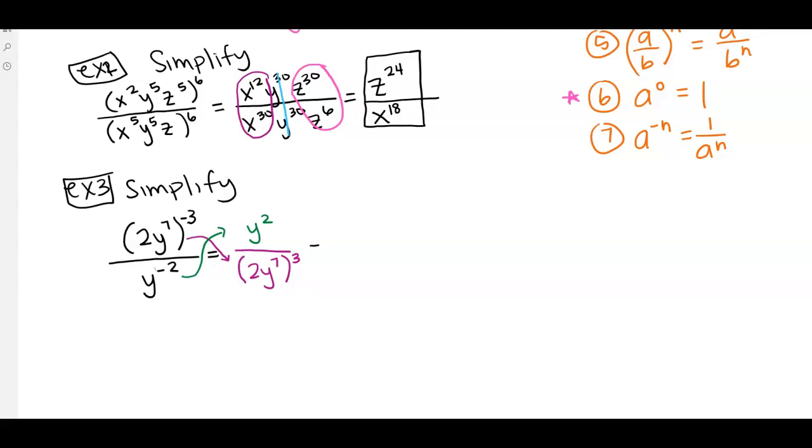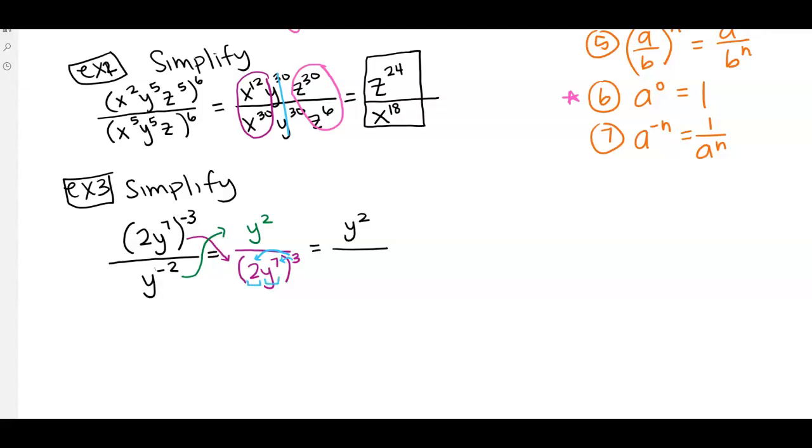We're not all the way done. On the top, we still have y to the 2nd, but on the bottom, remember, I need to distribute this 3 to the 2 and to the y to the 7th. So many students forget that they've got to give that power to both of them.